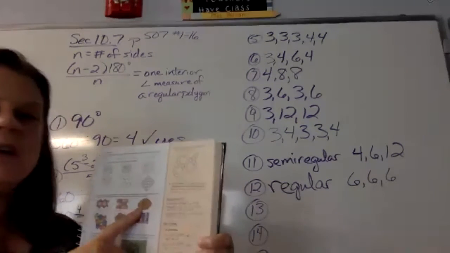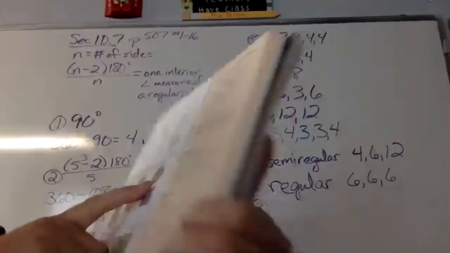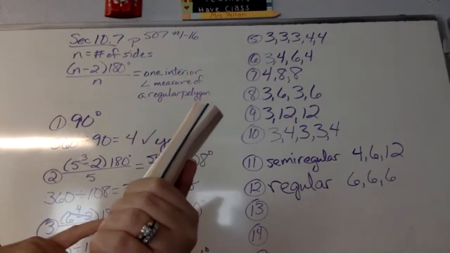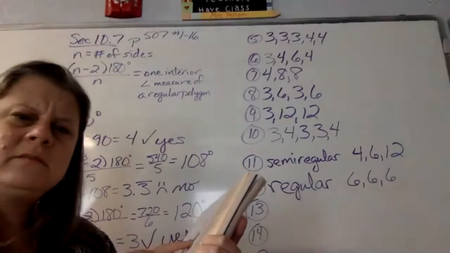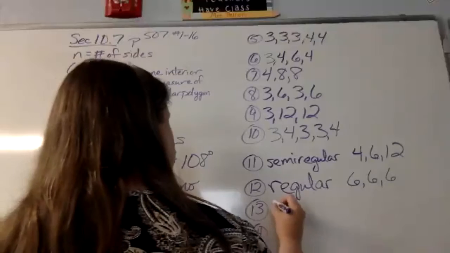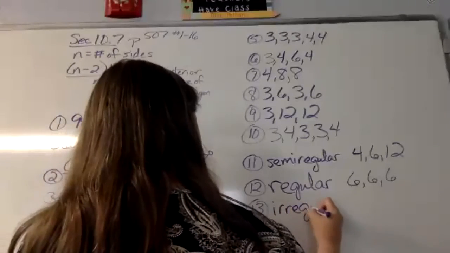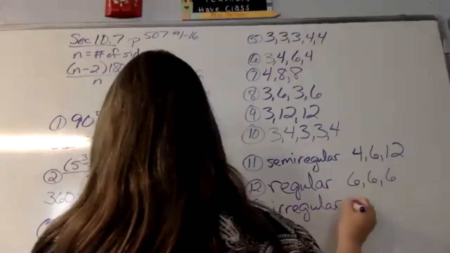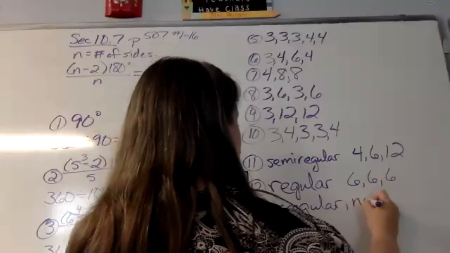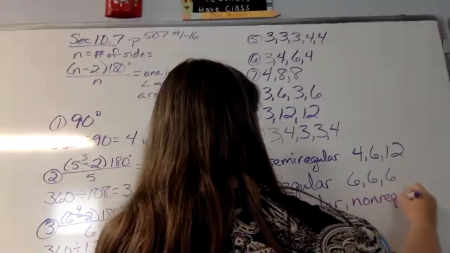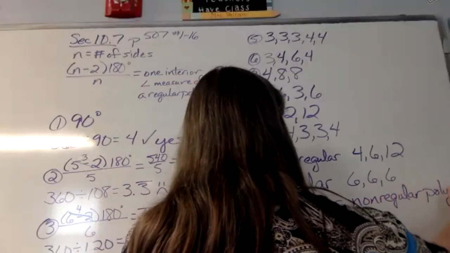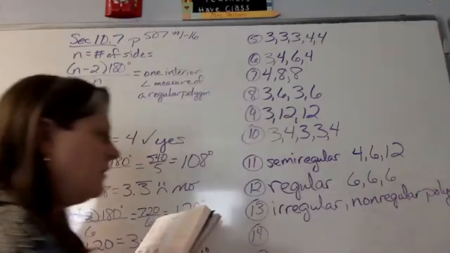No. Like if I'm looking right here, some of those things look like trapezoids. Are trapezoids regular? No. So this one's going to be irregular because you have non-regular polygons in it. Not all of them are regular polygons.